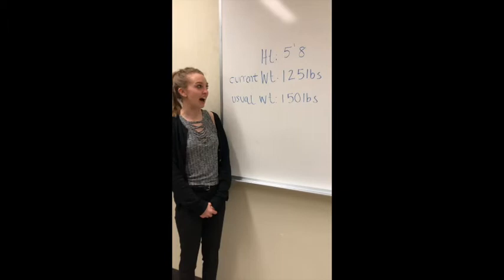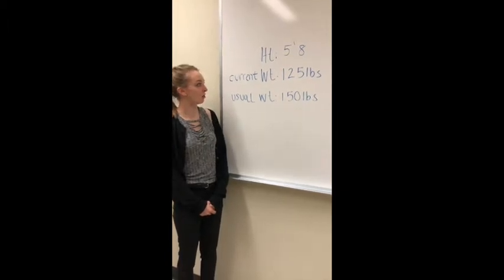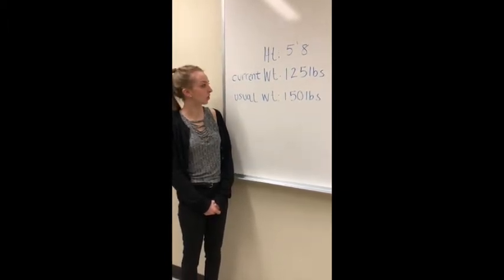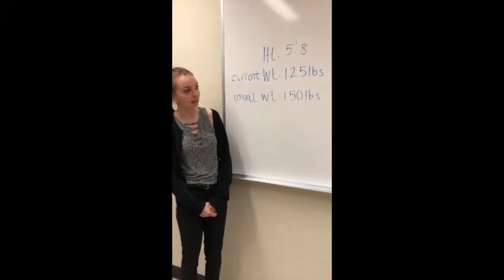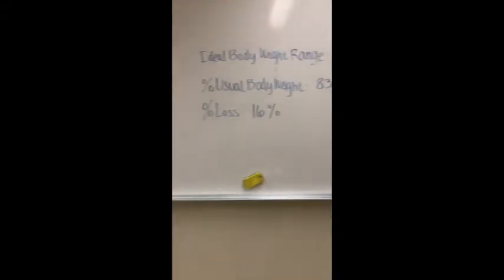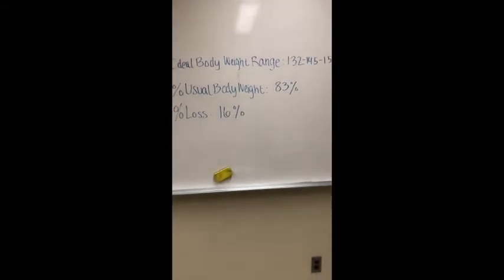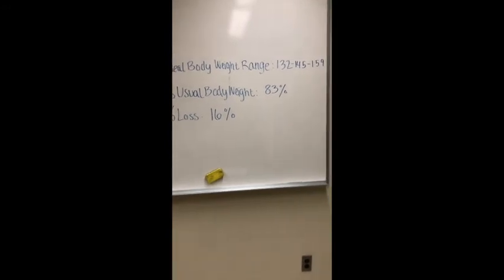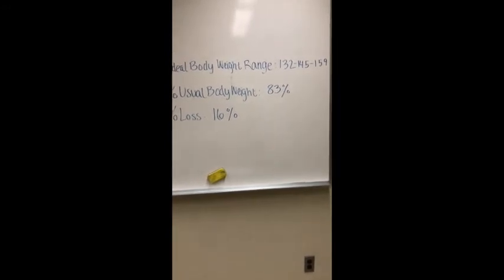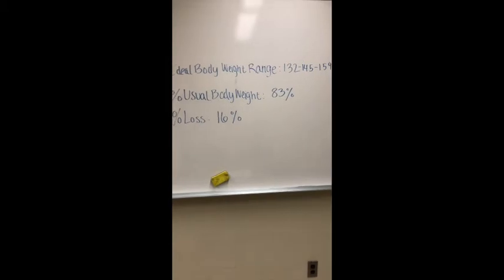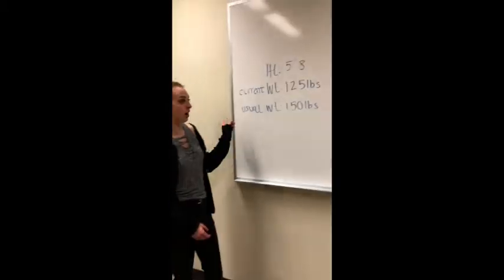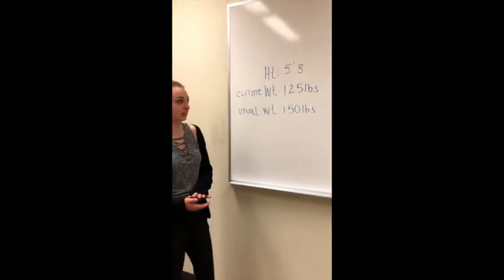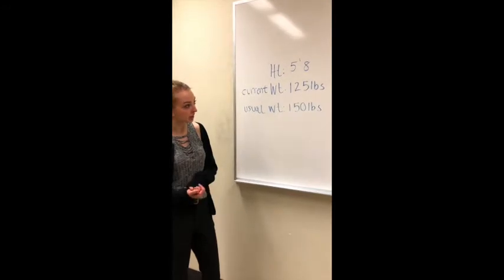Riley's height was 5'8", and from that we took her current weight and her usual weight and calculated her ideal body weight range, which she should be between 132 and 155. However, she is only 125, which is significantly under her ideal body weight range.